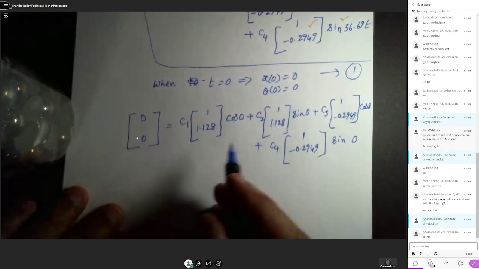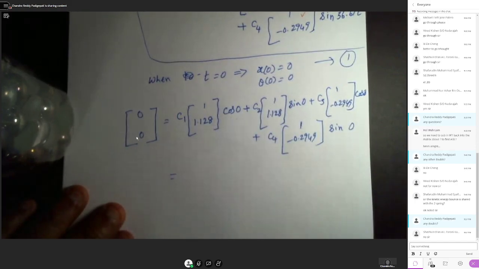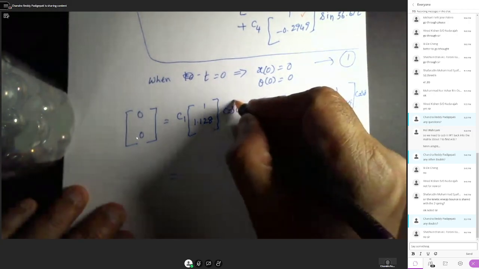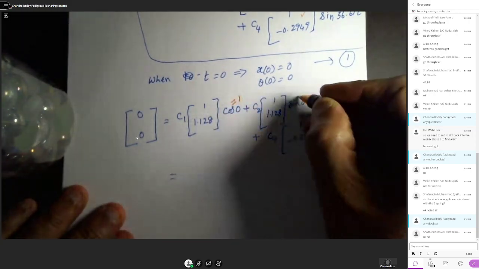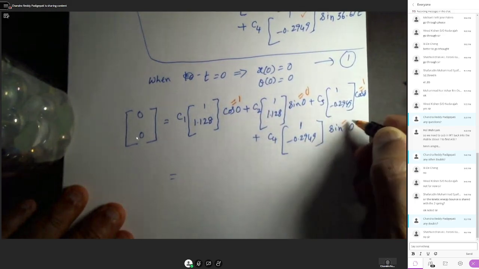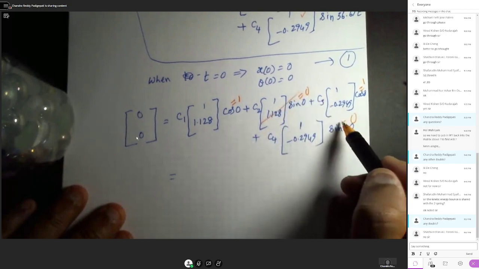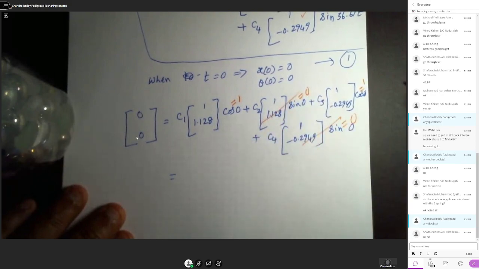Now cos 0 is 1, sine 0 is 0. So the sine terms will vanish.